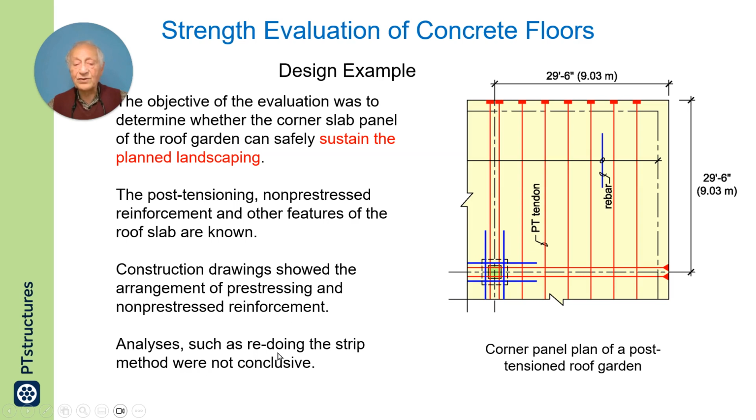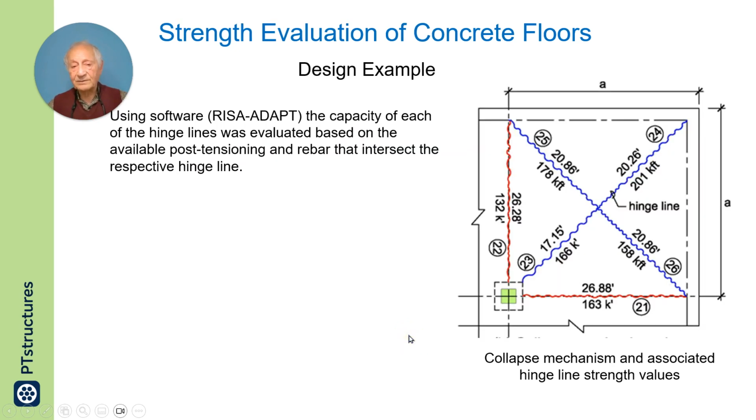Analysis such as redoing the strip method did not result in a conclusive solution. So, using commercially available software, this hinge line mechanism was assumed, center of the panel downward, hinge lines along these two directions, and there will be no hinge lines around this perimeter support.